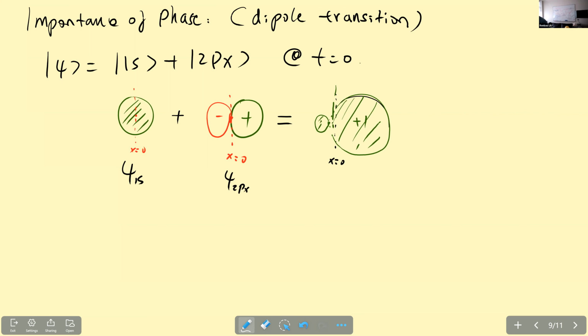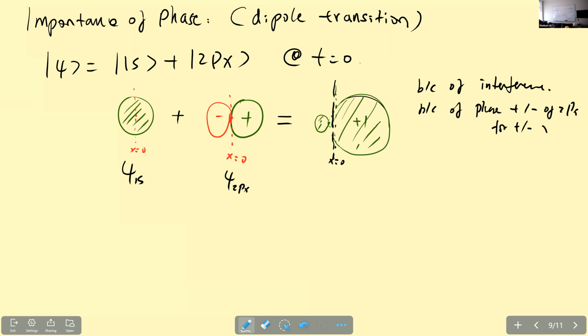So you can see that the wave function will be, because of interference, and because of the phase plus and minus of 2px for plus or minus x, you get a non-symmetric probability, right? So that's the case at t equals 0.